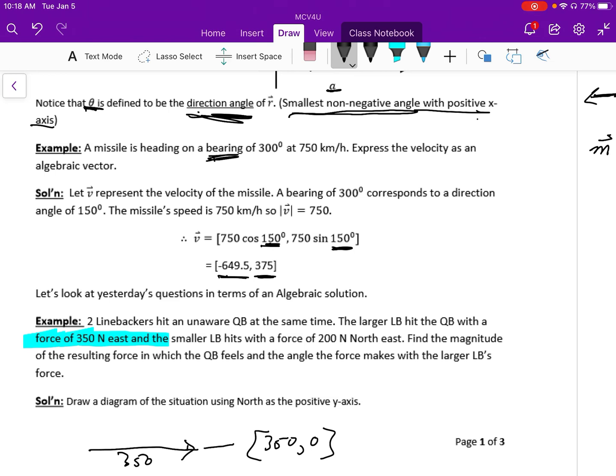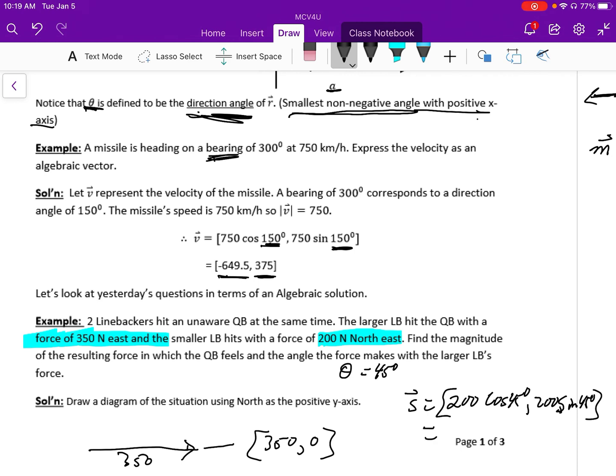All right, let's take a look at the more interesting one. How do we resolve the 200 northeast? We know that northeast has an angle of 45 degrees. And so when we look at the smaller linebacker here, we'll just call it S for the smaller linebacker, we've got the magnitude times cos of the angle, magnitude times the sine of the angle.